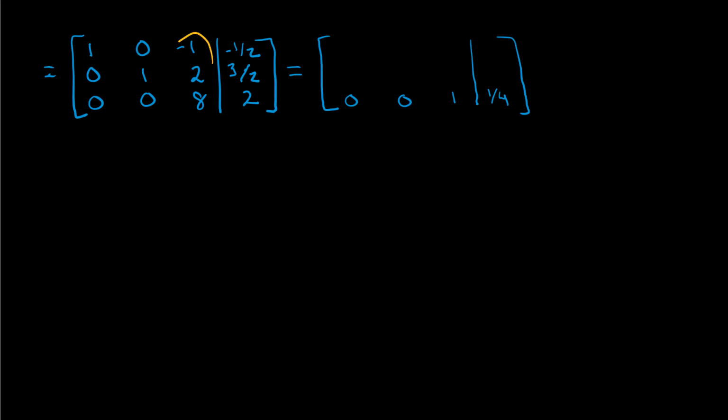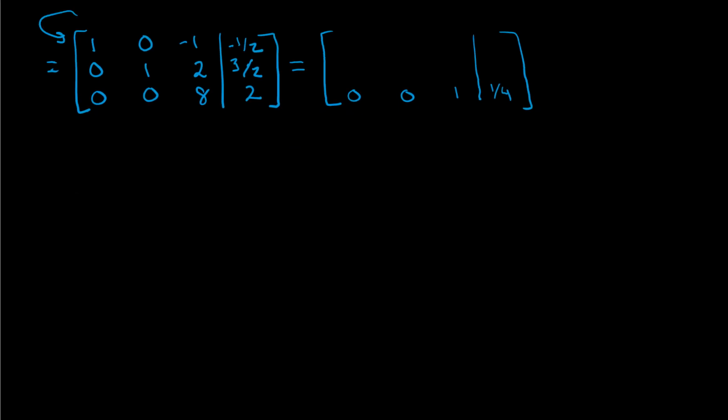The next objective is to zero out the rest of that column. So for example, my new row 3 right here could be added to my row 1 over here. And you'll have a +1 plus a -1, and those cancel out, which is good news. But let's take it column by column.